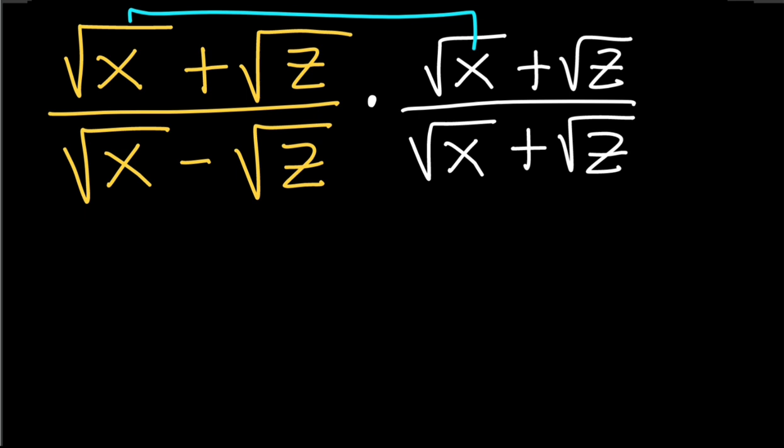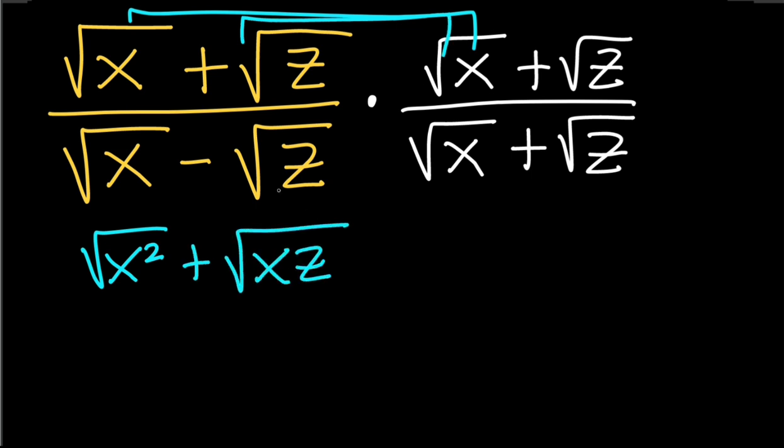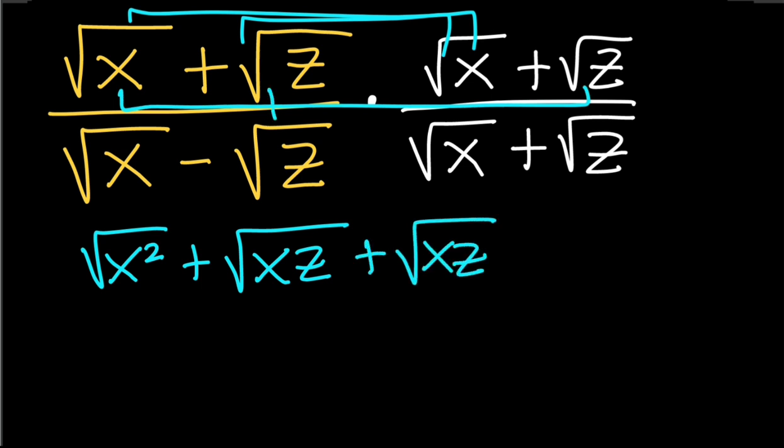Square root of x times square root of x is square root of x squared. Then this one plus square root of xz. Then this one plus square root of xz. Then square root of z times square root of z is square root of z squared.